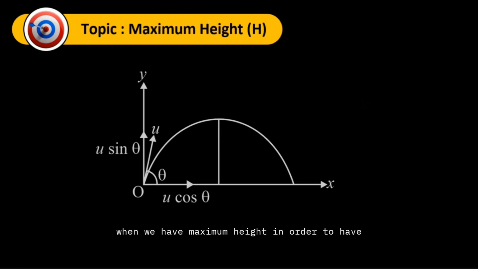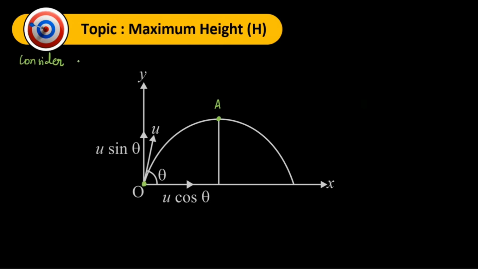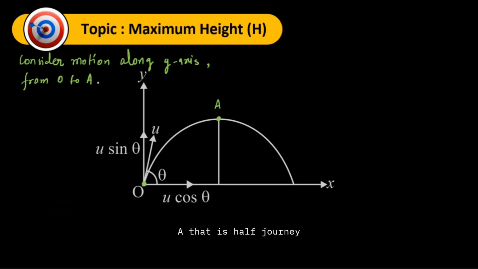Then we have maximum height. In order to find maximum height, again we are going to consider motion in y-axis, but from this point to this maximum point along the journey at A. So again we'll consider motion along y-axis from O to A. That is half journey.